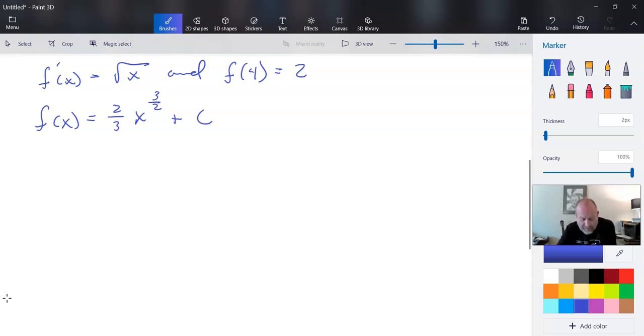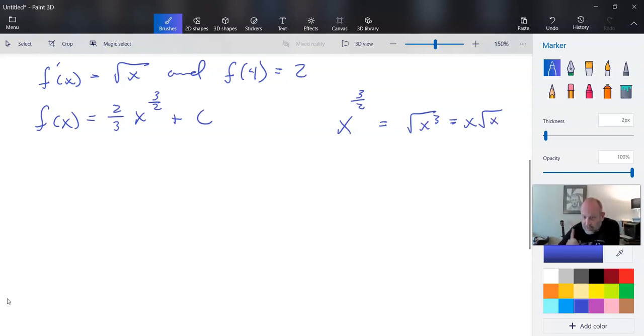I want to point out something about this x to the 3/2. When we plug things in a little bit later, it's a lot easier to look at it in terms of roots. So I just wanted to show you a little shortcut that I've come across. x to the 3/2 is the same thing as the square root of x cubed, which can be simplified, because there's a pair of x's in there, to x root x.